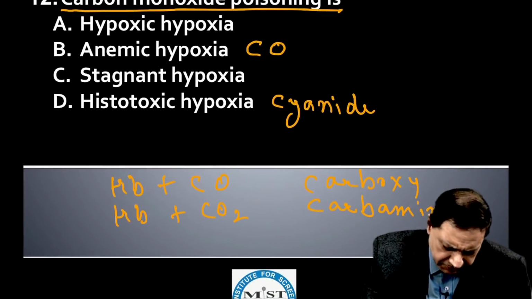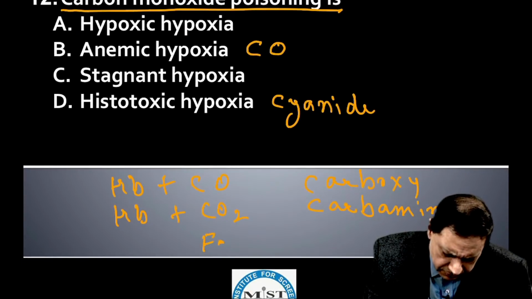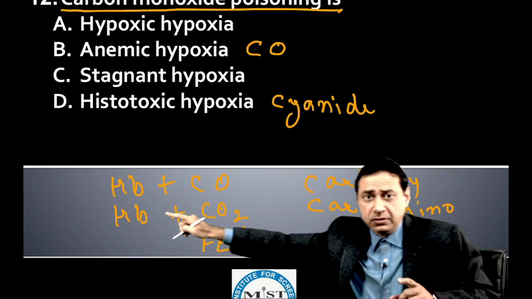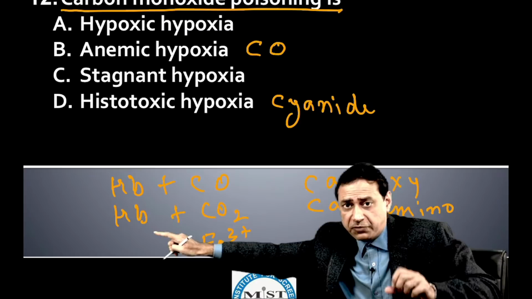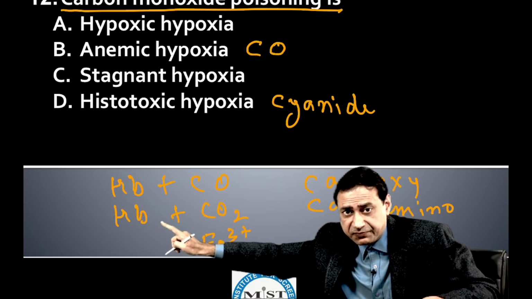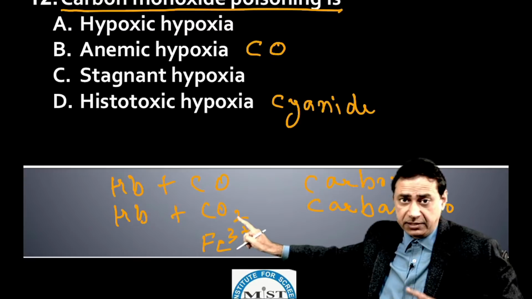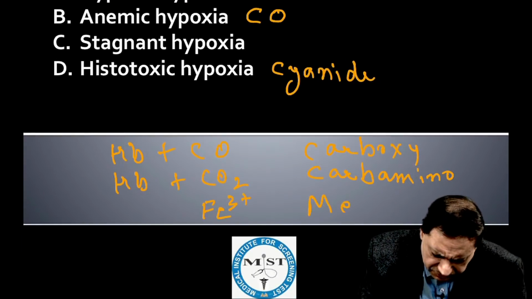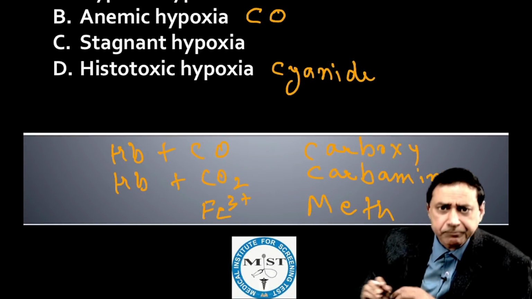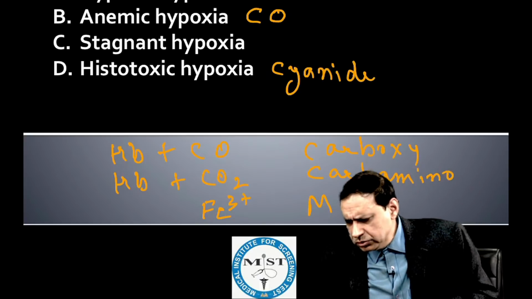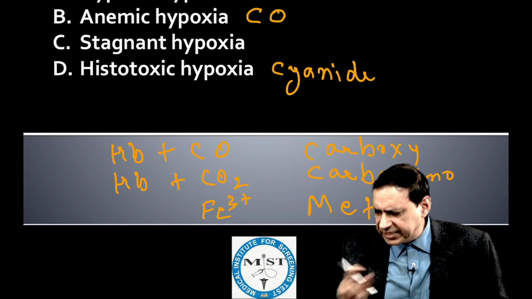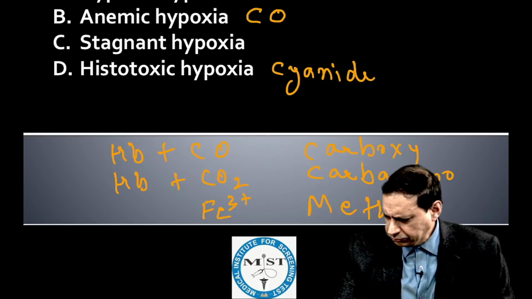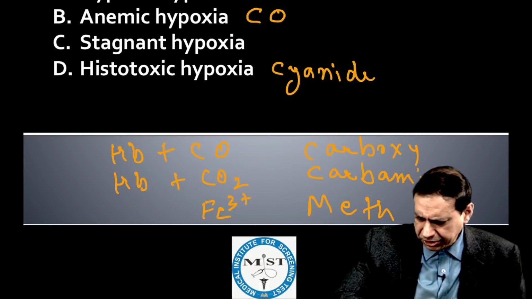And if it becomes ferric, Fe3+, in hemoglobin, iron is in the form of ferrous. When ferrous becomes ferric, when hemoglobin is oxidized, then it is meth. So methemoglobin is oxidized hemoglobin, right? Cyanide is histotoxic.